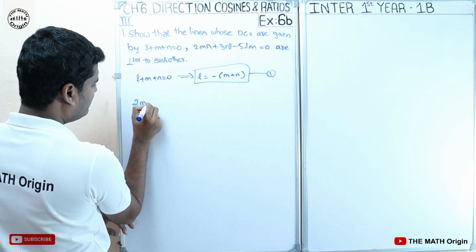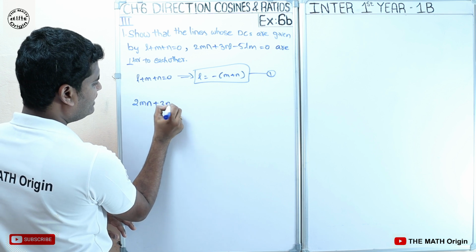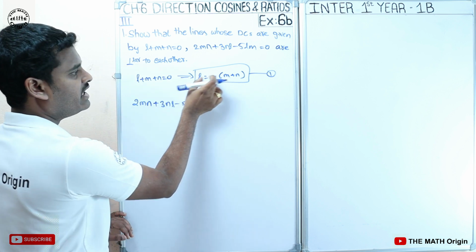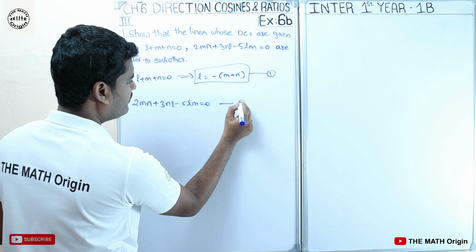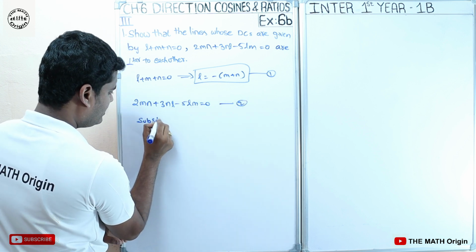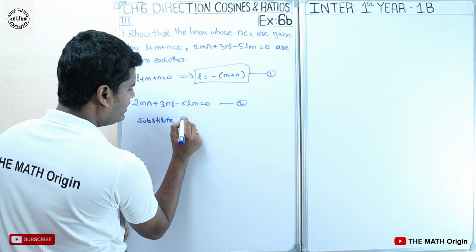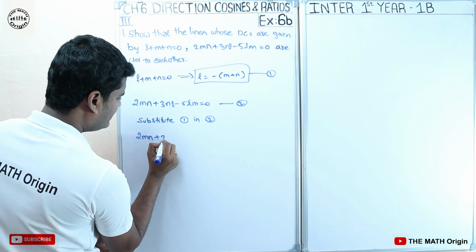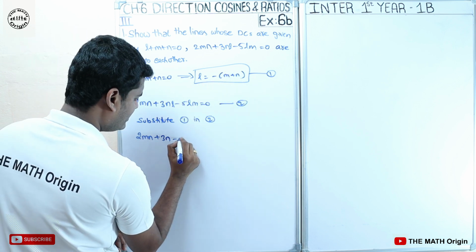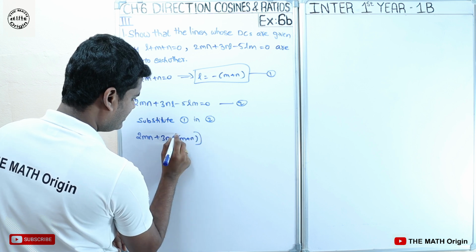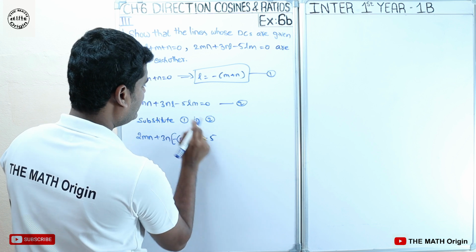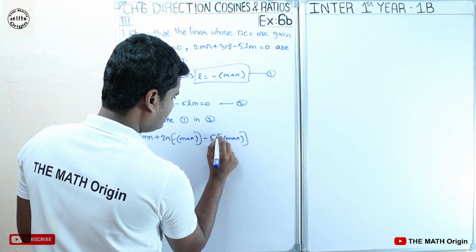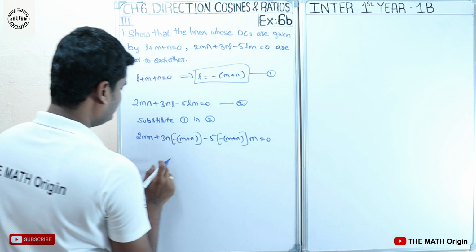Now the second equation given is 2mn plus 3nl minus 5lm equals 0. Let's substitute the l value in this equation 2. Substitute 1 in the second equation. 2mn plus 3n into l, which means minus of m plus n, this is multiplication, so minus 5 l means minus m plus n in brace into m, which equals 0.